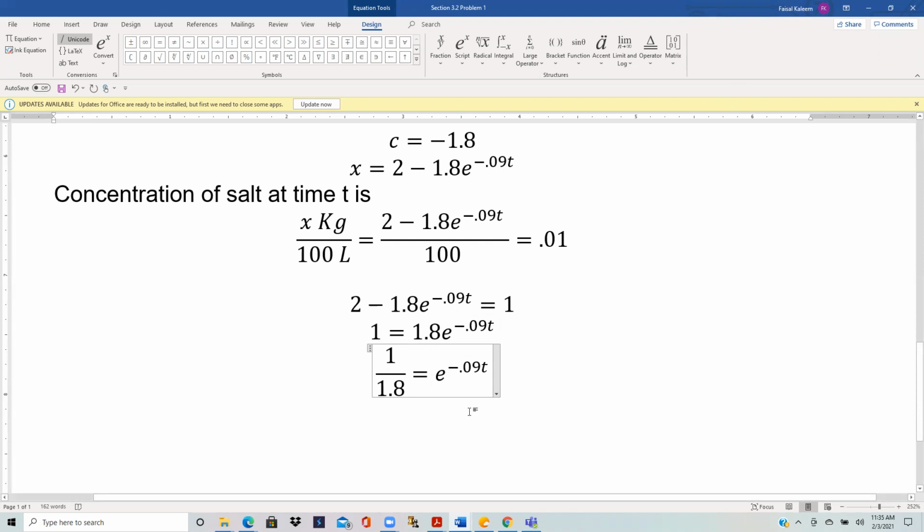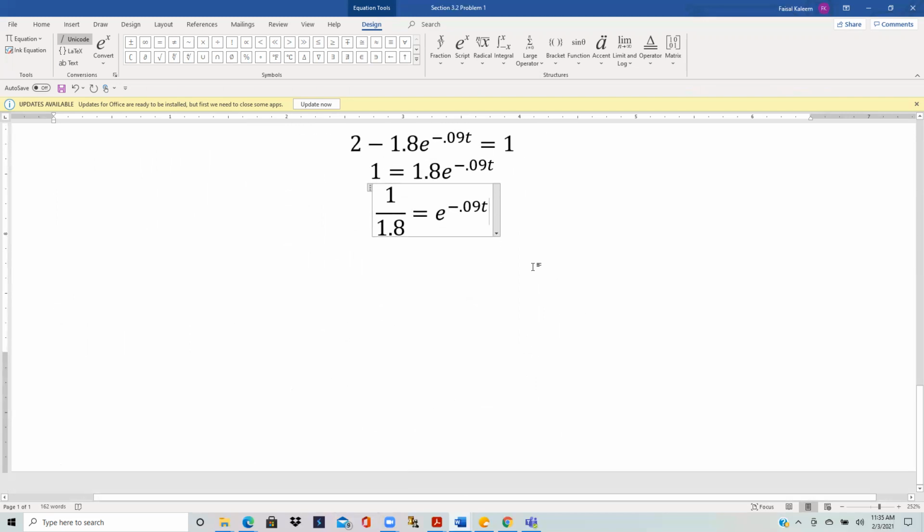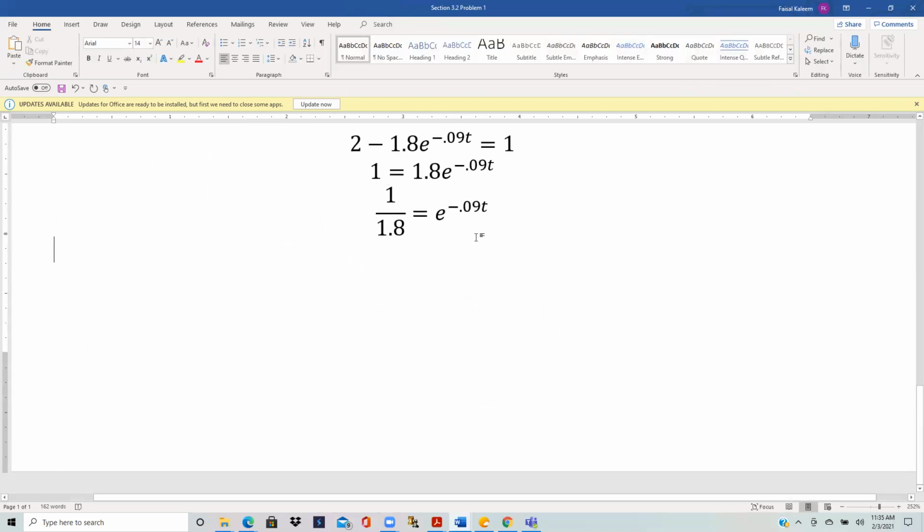So first we take ln of 1 over 1.8, and then we divide that by negative 0.09 to get the t. So I'm getting t equals 6.53. t equals 6.53.